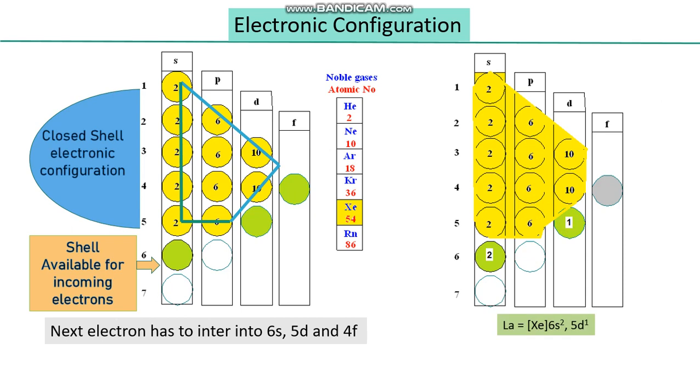So this is the electronic configuration of lanthanum. We put the closed shell electronic configuration in square brackets, and this resembles xenon. Therefore we put xenon inside the square brackets, and beyond 54 we represent electrons. So lanthanum will have two electrons in 6s and one electron in 5d subshell.